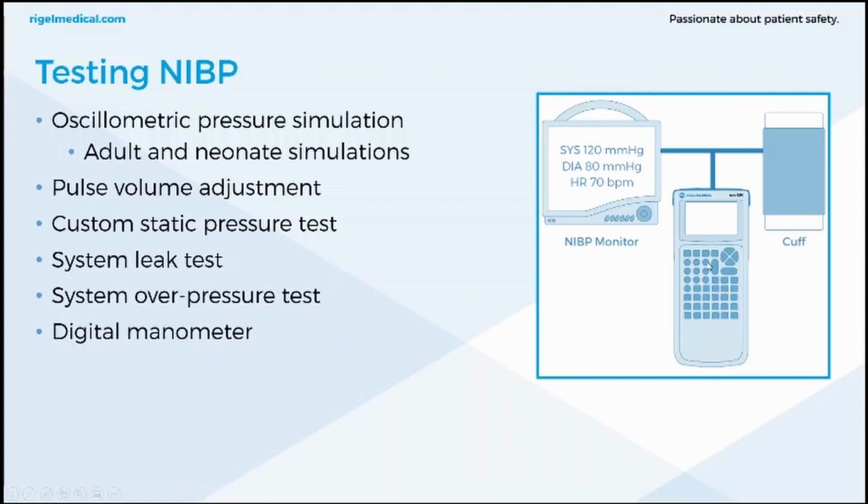These are the types of tests that are included. A leak test will verify and ensure the integrity of the pressure system, including the cuff and the tubing. The system overpressure test is like a protective measure, ensuring the system is able to vent when pressures reach a value that could harm the patient, exceeding a safe value.